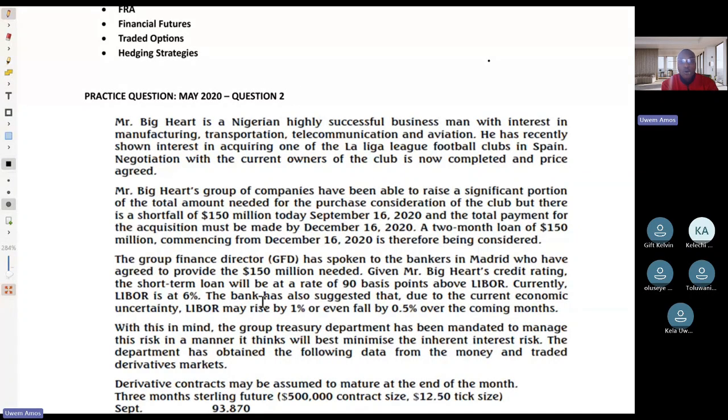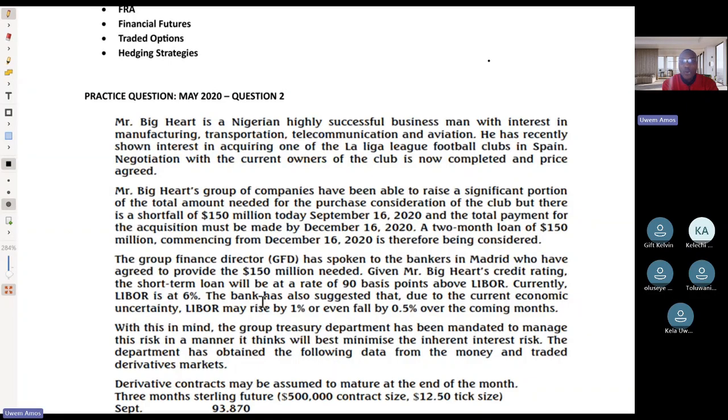But there is a shortfall of $150 million today, September 16, 2020. And the total payment for the acquisition must be made by December 16, 2020. A 2-month loan of $150 million commencing from December 16, 2020 is therefore being considered.